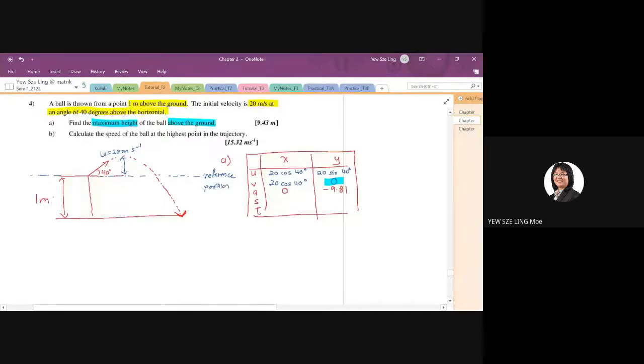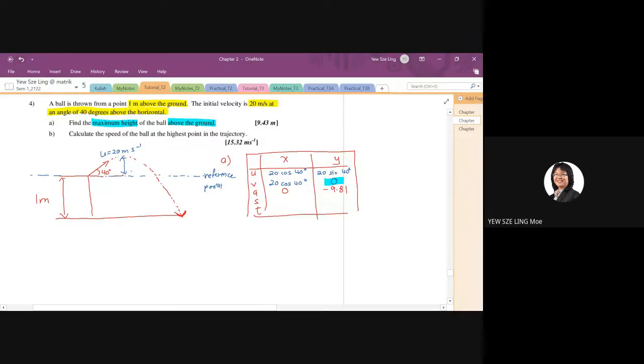So you don't look at this 1 meter. This 1 meter is to trick you. If you put Sy equals to -1, then you won't be able to solve these questions anymore. Time we also don't have. Okay, so what the question wants now is the maximum height. Let's call it capital letter H. No, I want to call it Sy, make it easier.